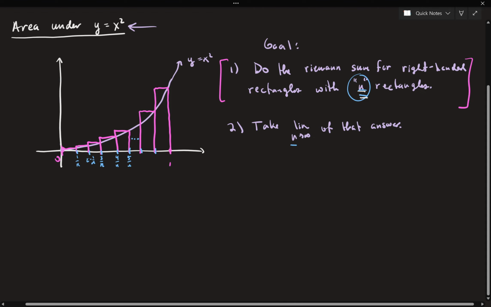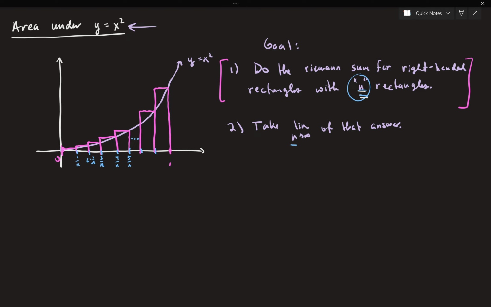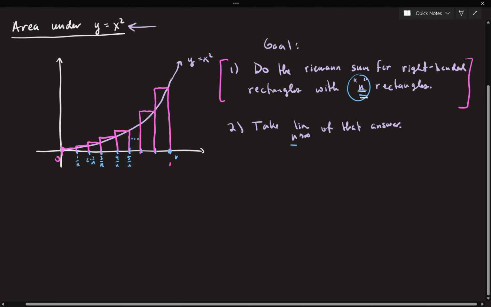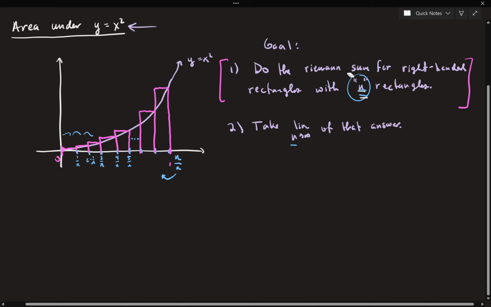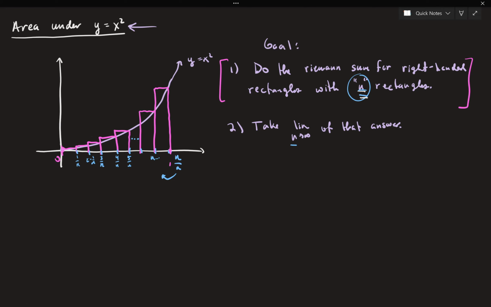Then I skip a bunch, and right before the last, this is the nth one, so this is n over n, or just 1. But the one right before, how many times do I have to go across on this interval? Well, n minus 1 times. And the one before that is n minus 2.